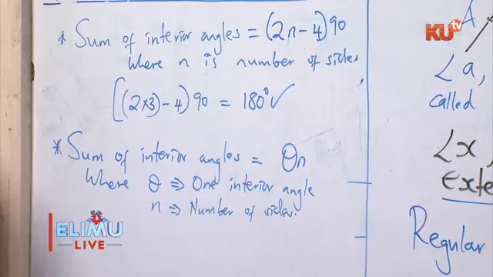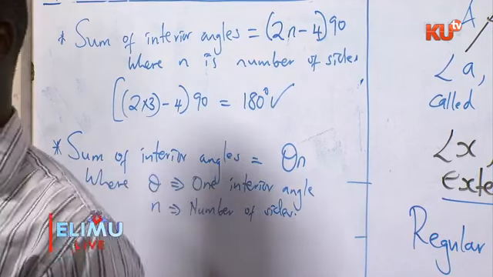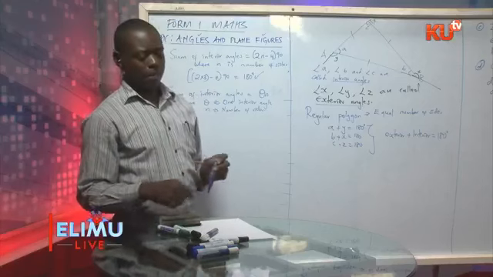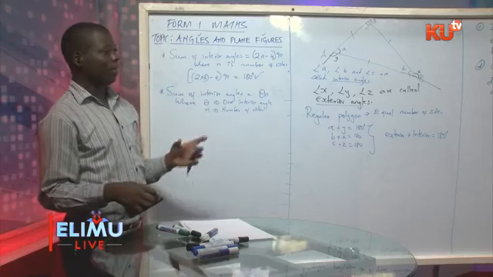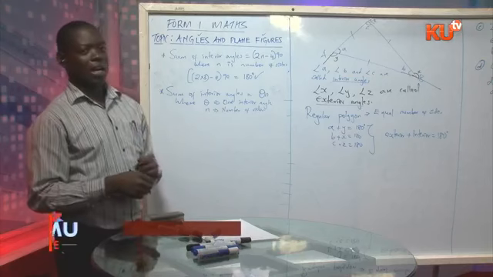So if you are told, for example, that one of the interior angles of the regular polygon is 40, and the polygon has 7 sides, then you simply take 40 times 7 to get the sum of interior angles.